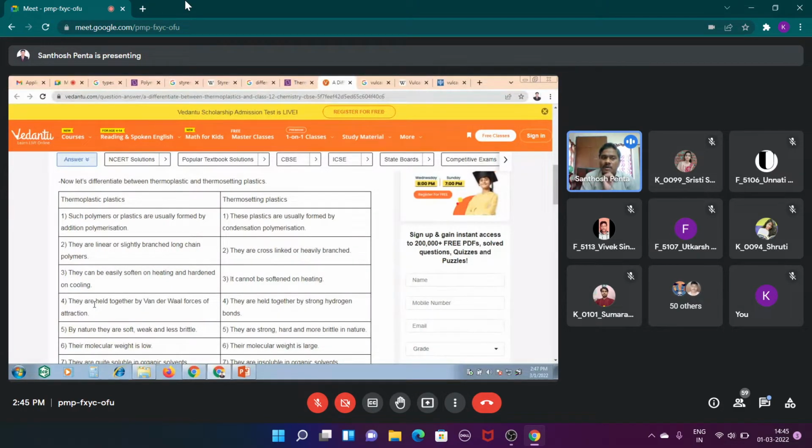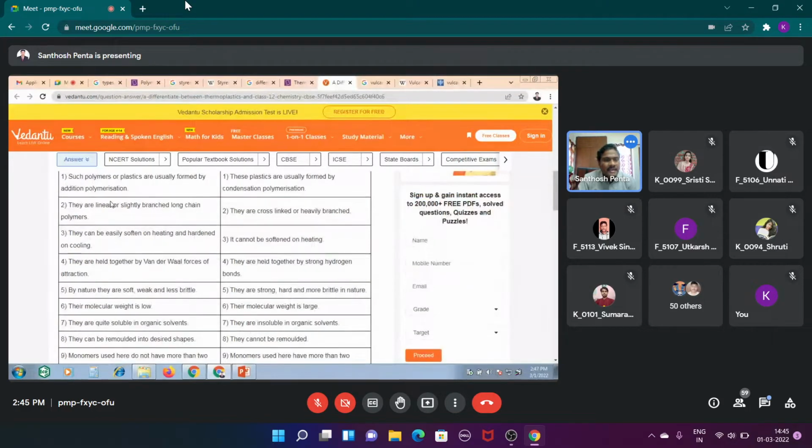It cannot be remolded. Next, in the thermoplastics, van der Waals forces are there, but in the thermosettings, strong hydrogen bonds and covalent bonds are there. Because of the van der Waals forces, in presence of temperature, they soften. But due to covalent bonds, thermosettings are very strong and cannot be softened.